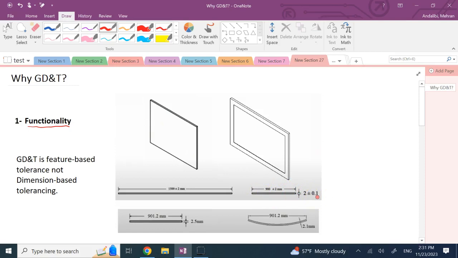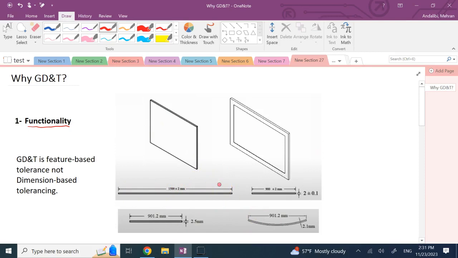Okay? And now, if I give you two different mirrors right out of the company, right out of the manufacturer, one is the one on the left, for which let's assume that both of them, their width or length is made according to the tolerance.